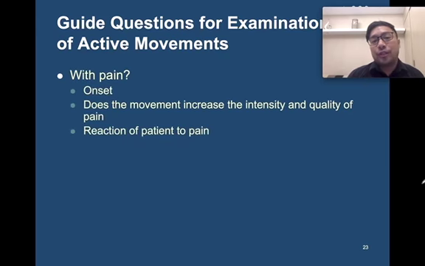So some guide questions with the pain: the onset, the intensity, and the quality. You will ask your patient, where can you please pinpoint the painful area? For example, this one, and the patient may tell you, actually it's dull, okay, or maybe it's localized just here, so it means it's not diffuse.